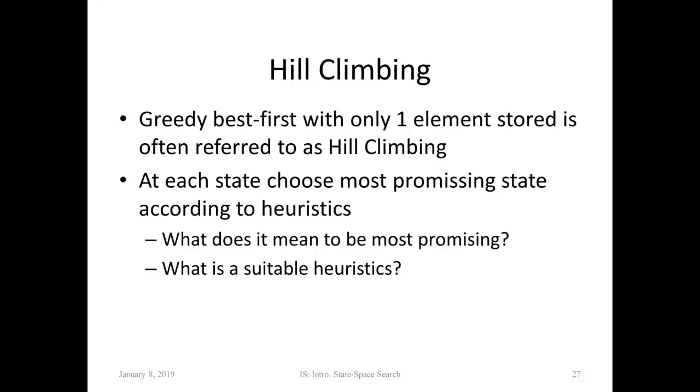And hill climbing has many advantages, namely that it is extremely fast and extremely memory efficient, but as you might have guessed, it has big disadvantages, namely that you do not necessarily find the optimal solution, and that you might not find a solution at all.